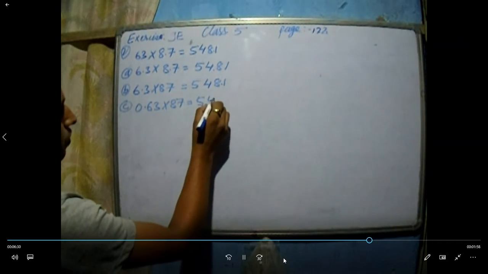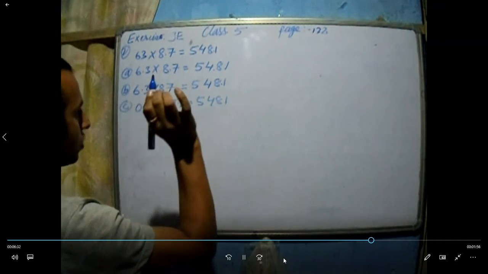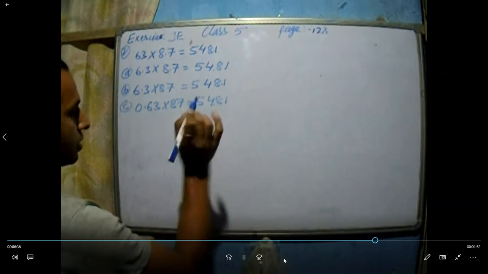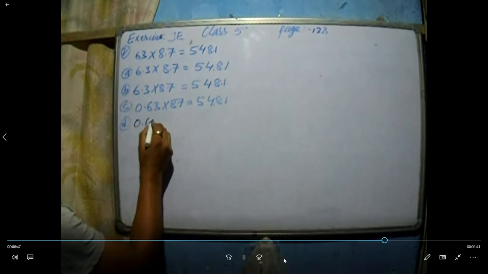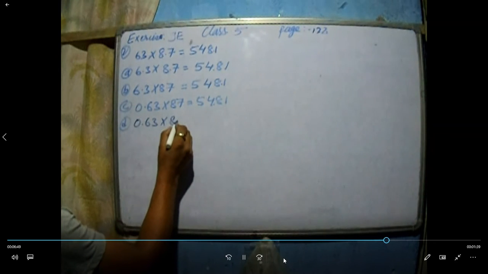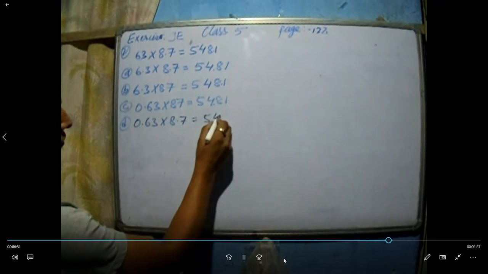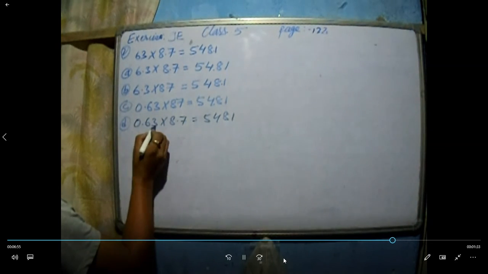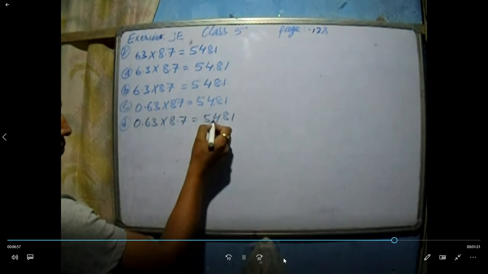So 5481, this will come after decimal 2 place, here after decimal 2 place. That's it. Number D is here 0.63 into 8.7 is equal to 5481, will get as it is. Only here difference is 2 place plus 1 place, that is from back 3 place.